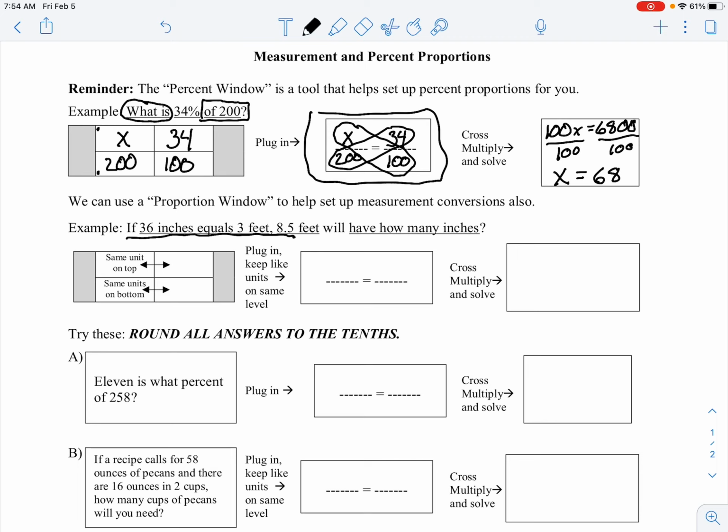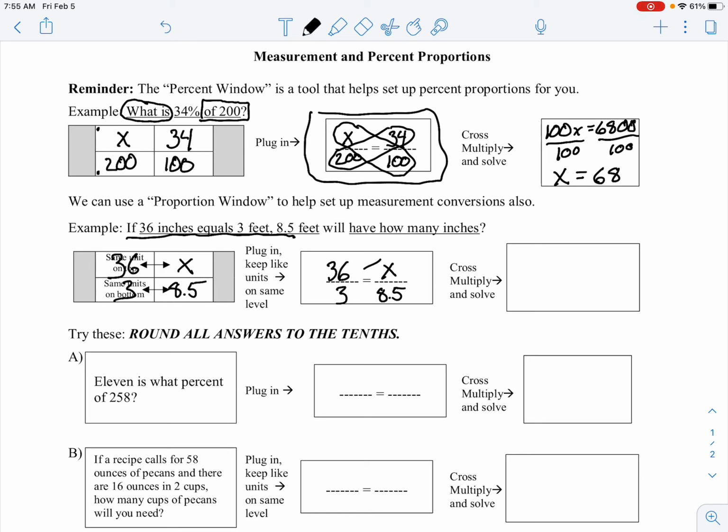So we've got 36 inches is the same as 3 feet. Then how many inches up top will 8.5 feet be on the bottom? We've got 36 to 3 is the same as x to 8.5.